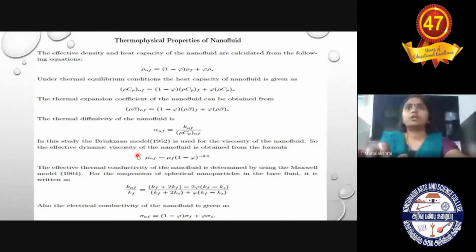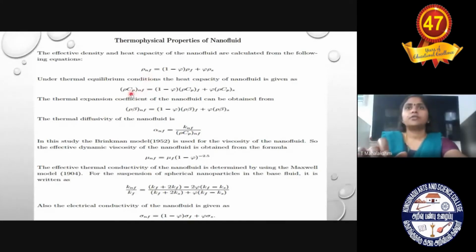And we see the thermophysical properties of the nanofluid, as I just told about the basic concepts in the previous presentation. You could have got a clear-cut idea about the thermophysical properties of the nanofluid. Rho NF is nothing but the density of the nanofluid.